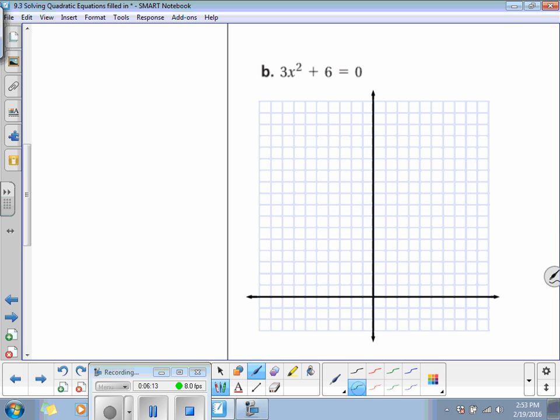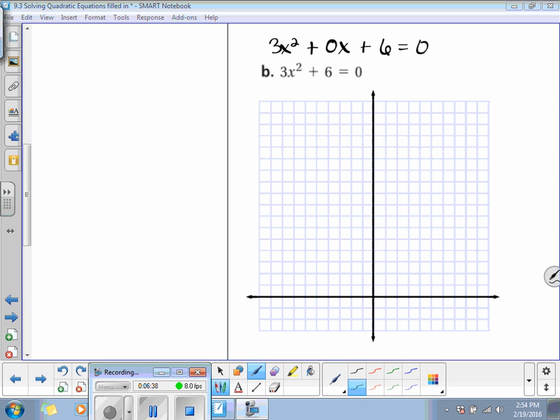So what we need to keep in mind is that this will be written as 3x squared plus 0x, that would be a 0x, that just is nothing, plus 6 equals 0. So that is our new equation, and that's what we're going to use to find our axis of symmetry.